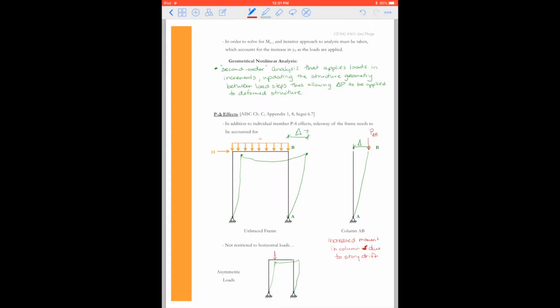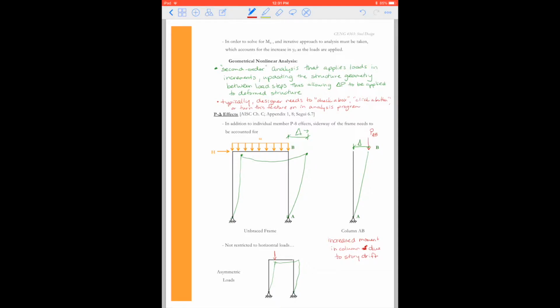I would say that typically the designer needs to just check a box, click a button, or turn this feature on in the analysis program.